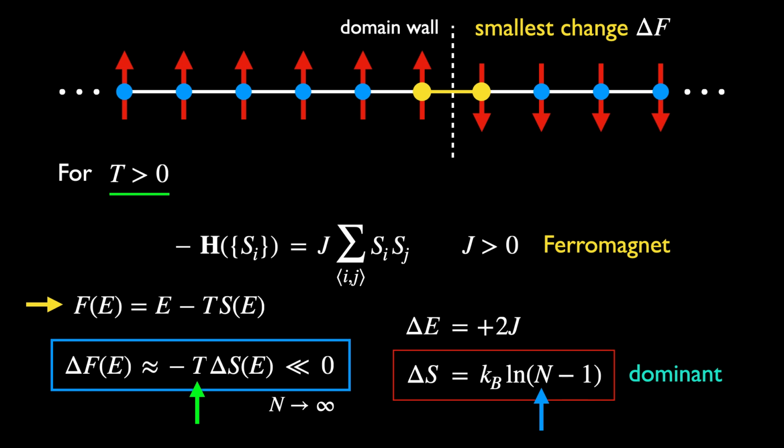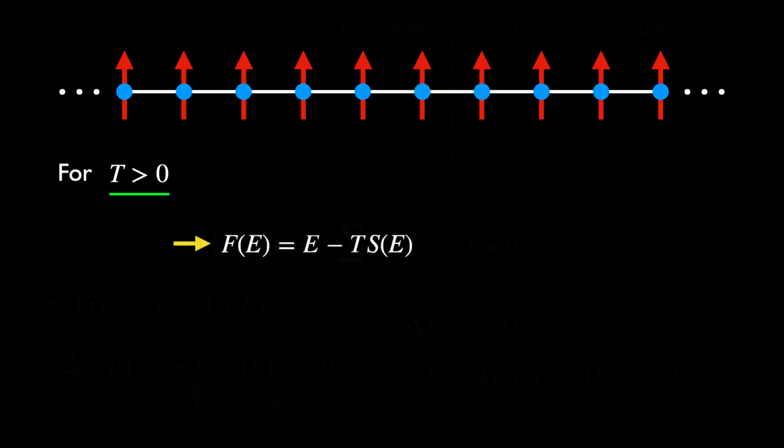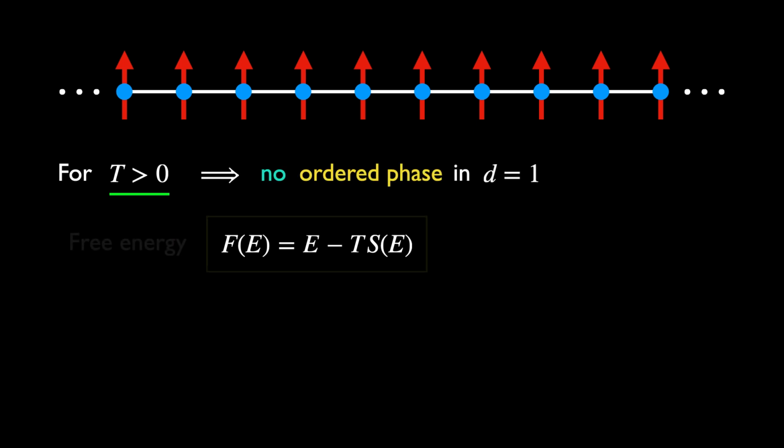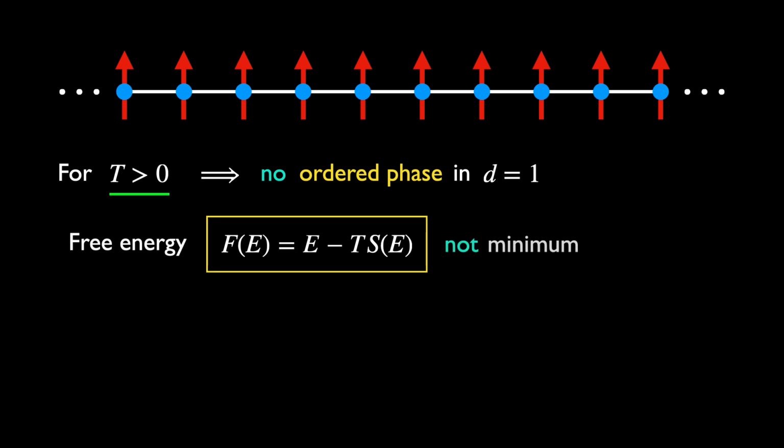Thus the ordered phase is infinitely unstable in the thermodynamic limit and could not exist. Thus we have proven that the ferromagnetic phase cannot exist at temperature above 0 for a one-dimensional lattice.